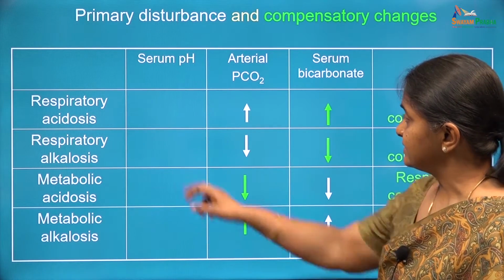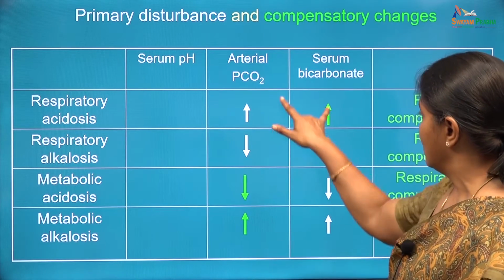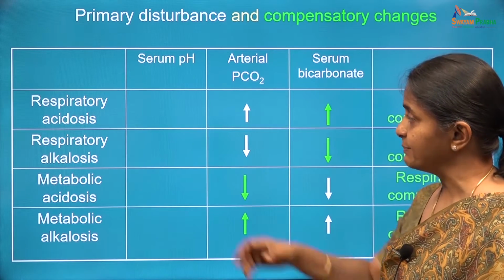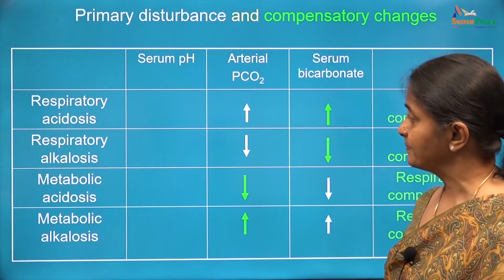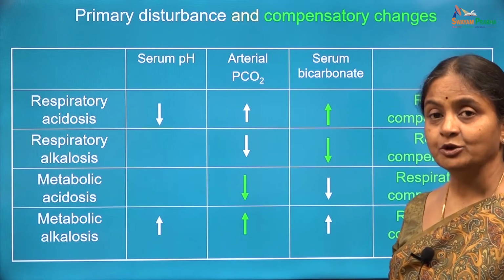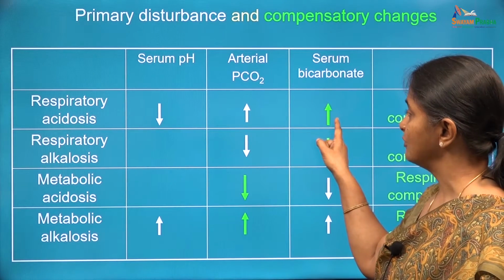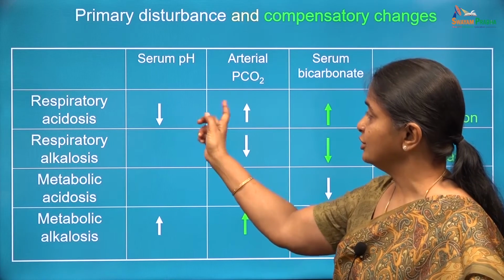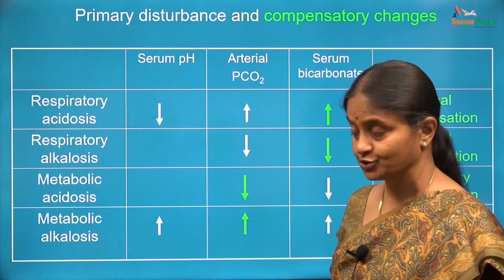You would notice that in respiratory acidosis and metabolic alkalosis, both acid and base have increased. So how would you know whether it is a primary respiratory acidosis or a primary metabolic alkalosis? pH will tell you what it would be. Even though there is compensation, it's almost always an undercompensation. Therefore, when the pH is low, you know that this condition has to be an acidosis and therefore a respiratory acidosis.